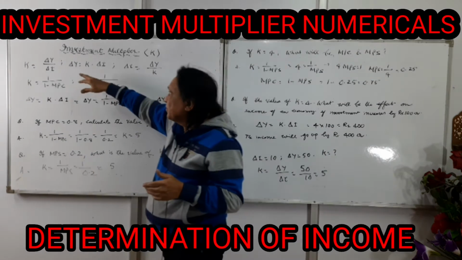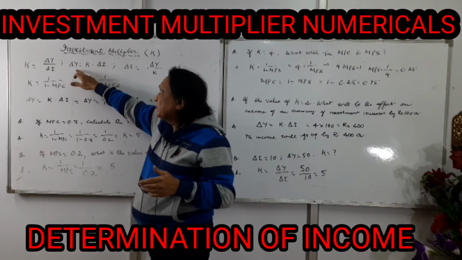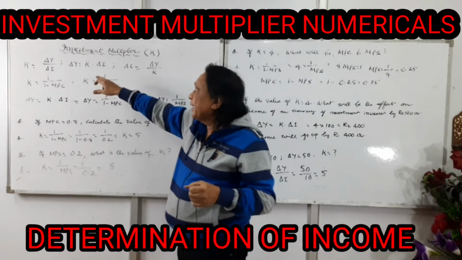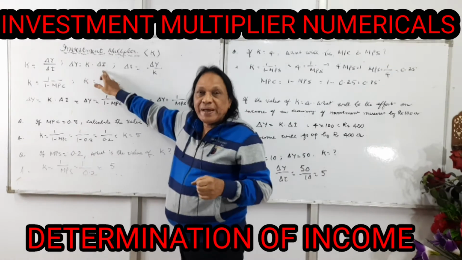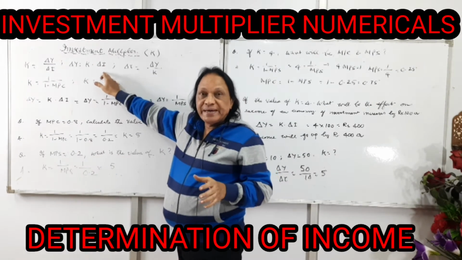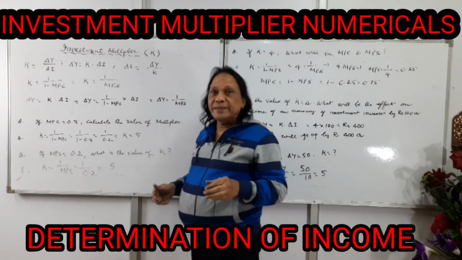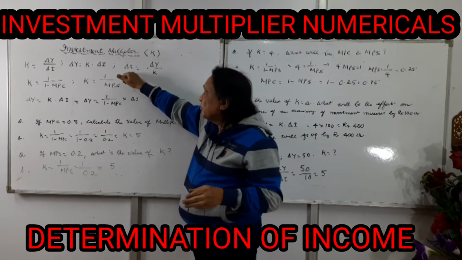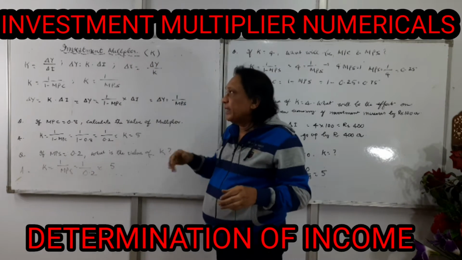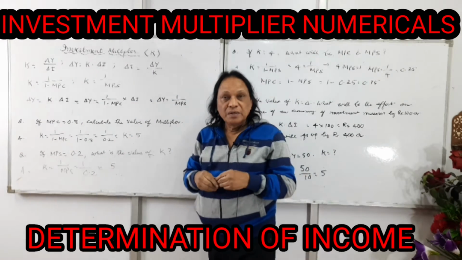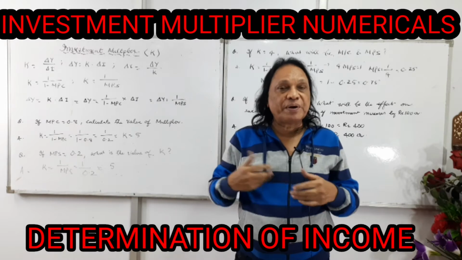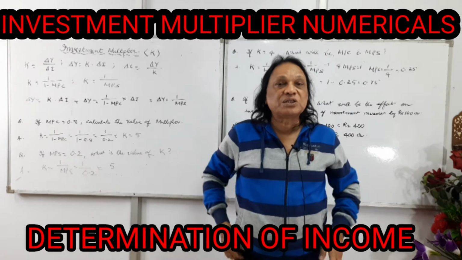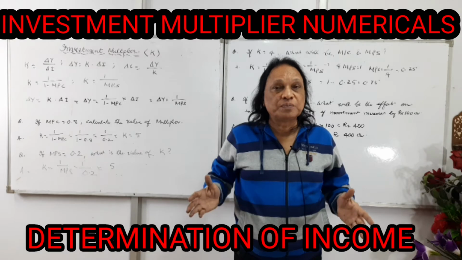Since K is delta Y upon delta I, mathematically we can put delta Y as K times delta I. That is, K is a number with which we multiply the change in investment delta I to get change in income delta Y. And we can find delta I as delta Y upon K. Further, investment multiplier depends upon the spending habits of the people, that's the MPC, marginal propensity to consume.